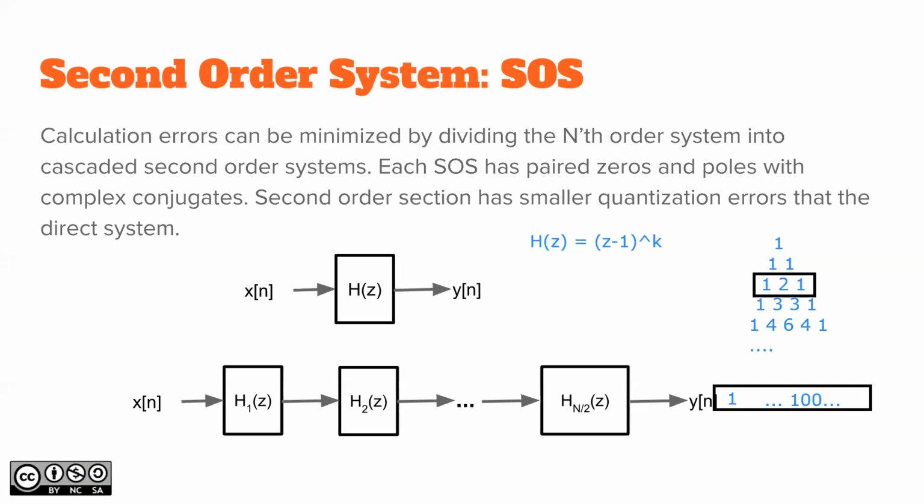So that is one danger of higher order systems, if they are calculated in direct form, meaning just everything in one block instead of cascaded second order blocks.